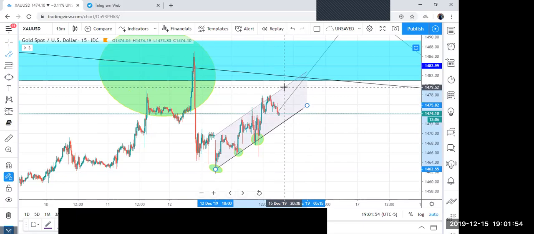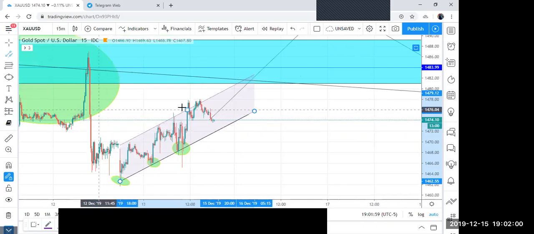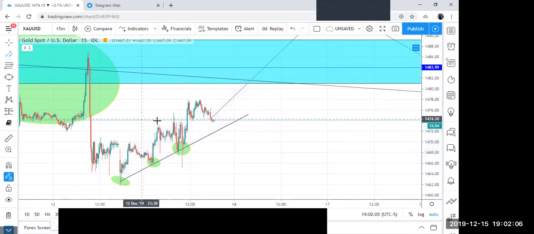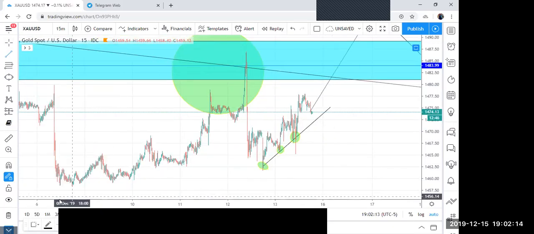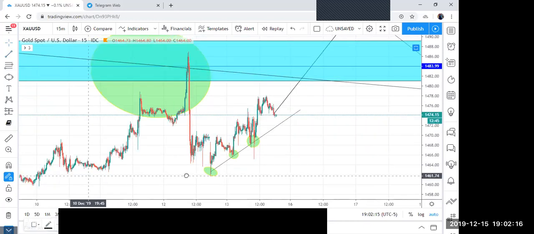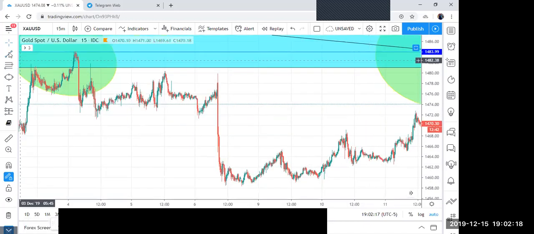Not so much. It ain't pretty, but support and resistance. Resistance, support. I much prefer the higher time frames.